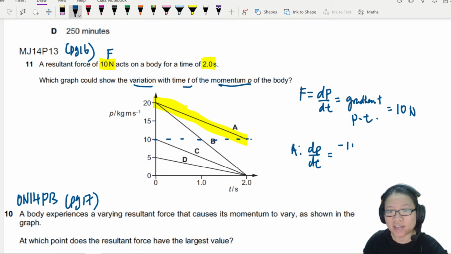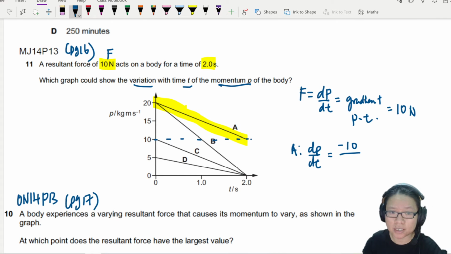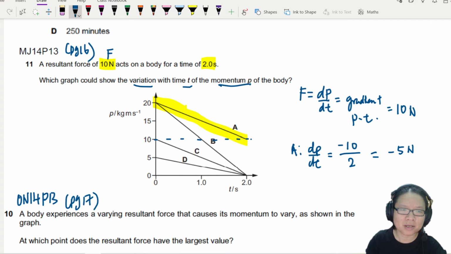You can put negative 10 if you want, but we just want the magnitude of the force, so I'm treating this as absolute. So it is a drop of negative 10, and the time taken is 2 seconds, so this is negative 5 Newton. Nope, so not A.